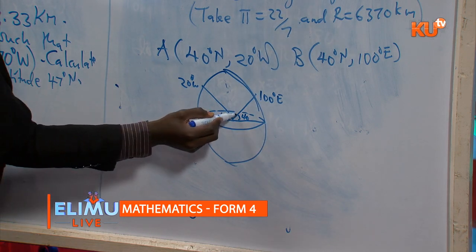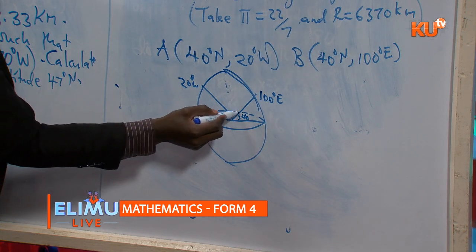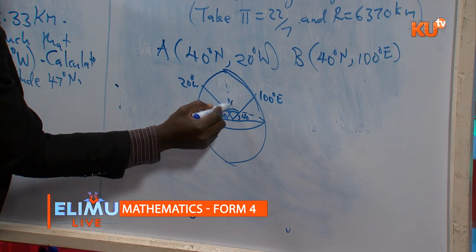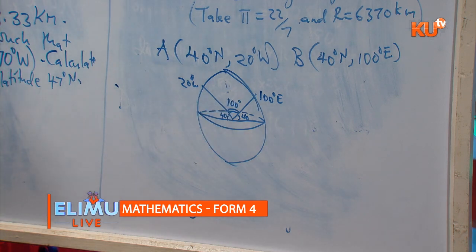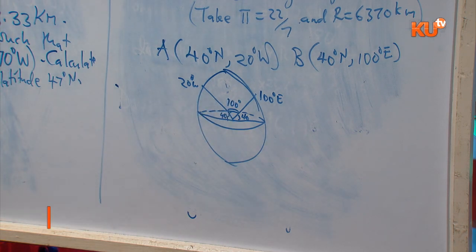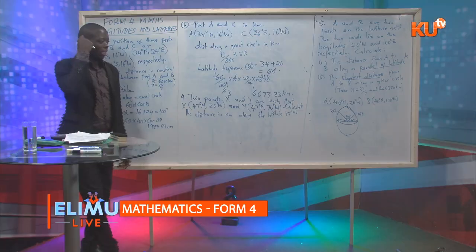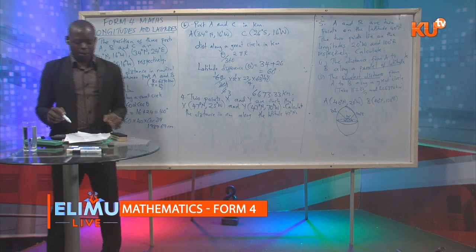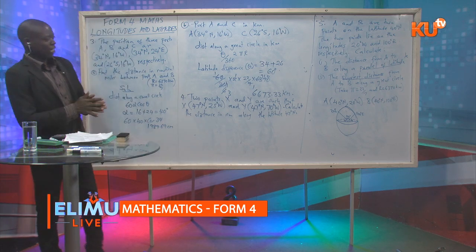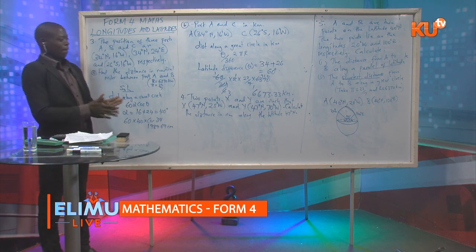Angles on a straight line add up to 180, and therefore the difference in between here will be 100 degrees. So that is what we are going to use as our theta. So we will not use the latitude difference as we have been doing in our other cases as we analyze the great circle.